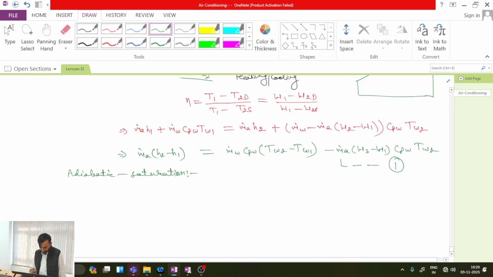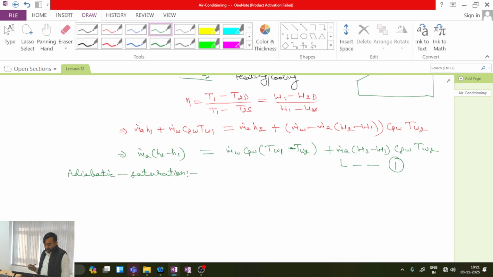Let me see, m dot A into H2 minus H1 equal to, sorry, TW1 minus TW2, correct. And this will be plus. Is this clear?